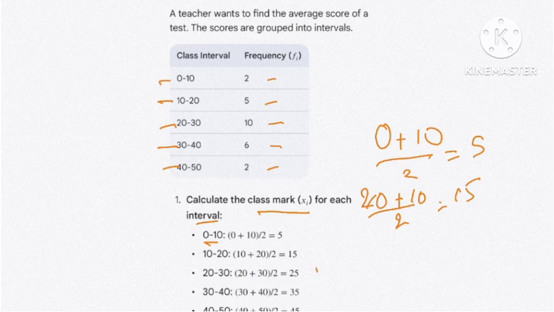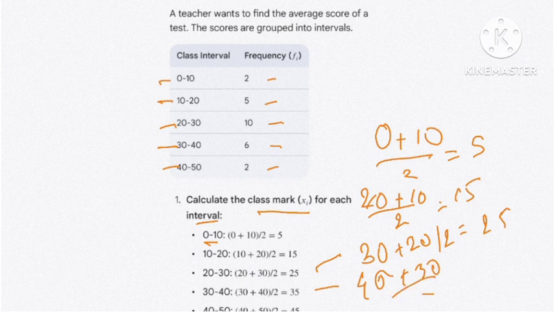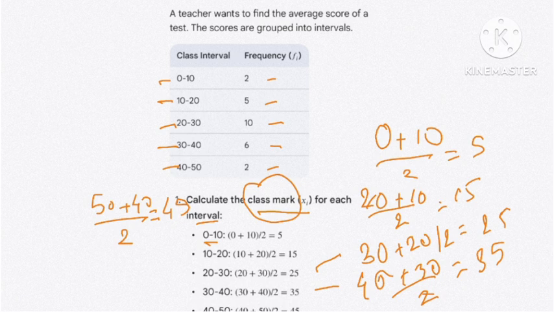Next is 30 plus 20 divided by 2, which equals 25. 40 plus 30 divided by 2 will give you 35. And the last class interval is 50 plus 40 divided by 2, which will give you 45. So the first step is to calculate the class mark, and we have found all the class marks of these class intervals.